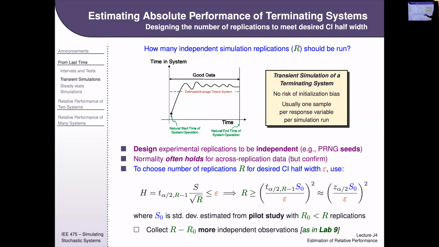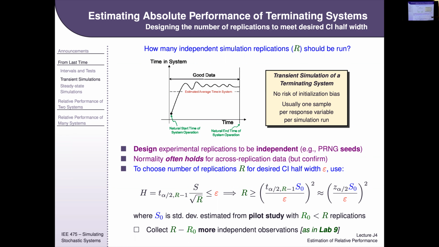Normality often holds. As long as you've got independence and normality across your replications, choose a pilot number of replications R naught to generate an estimate S naught of the variance, and that S naught of the variance ends up being plugged into this formula down here.